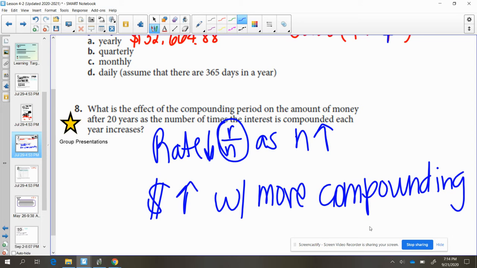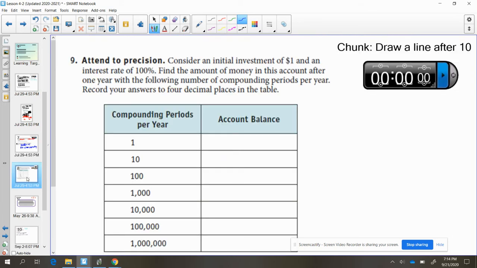So what happens if we start with a dollar, have an interest rate of 100%, and increase our compoundings a lot, right? Well, let's think about our account as it stands. So far we've talked about our principal, 1 plus r over n to the nt power.